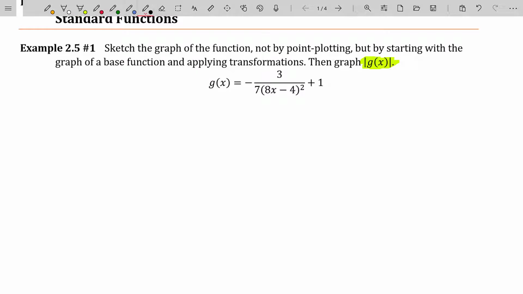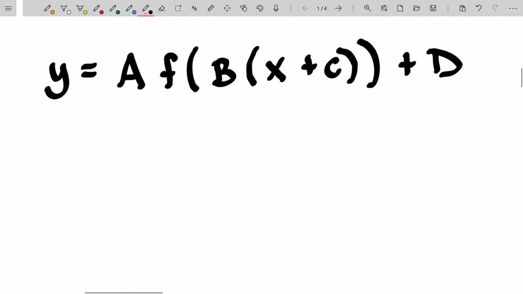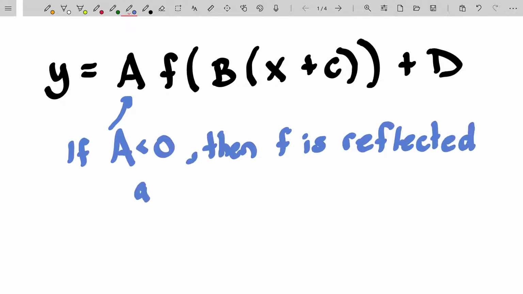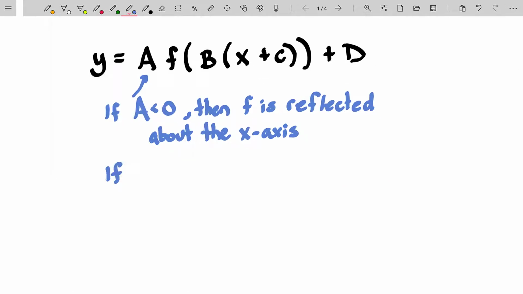Let's start by getting this in a good form. A good form is a form as follows. If you can get a function in this format, you're pretty good, because A would simultaneously represent any type of vertical reflection about the x-axis and a vertical stretch or compression by a factor of A. I had to zoom out a little bit to make more room.